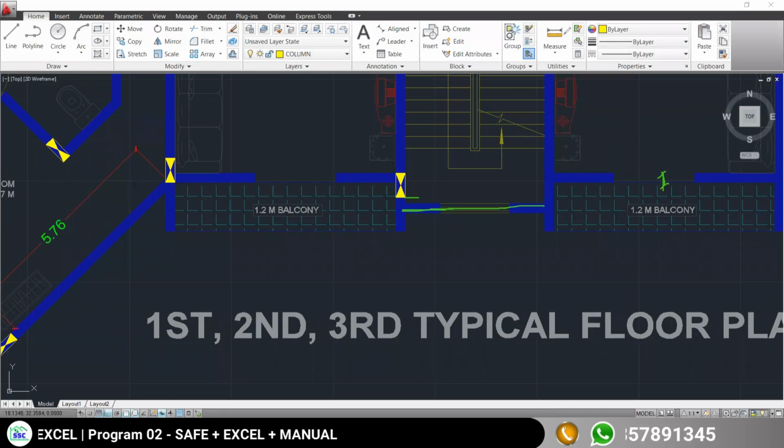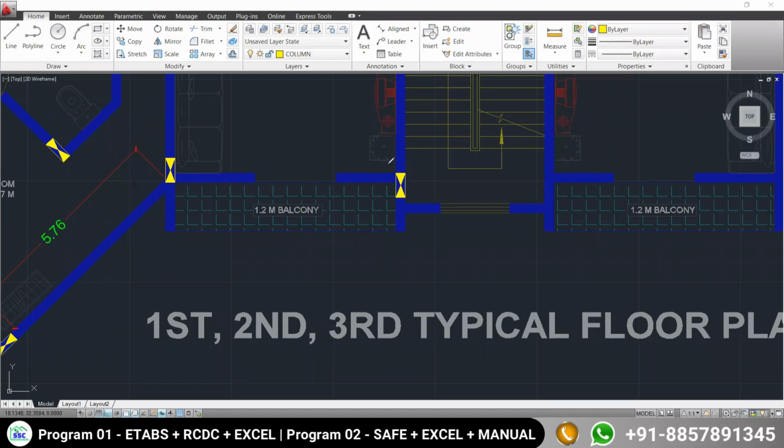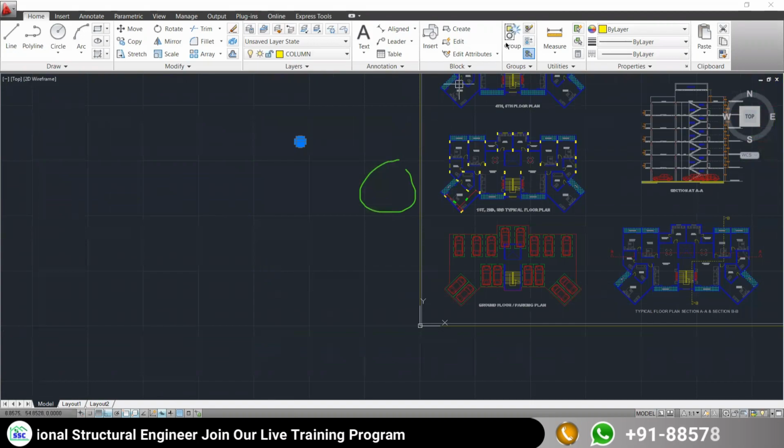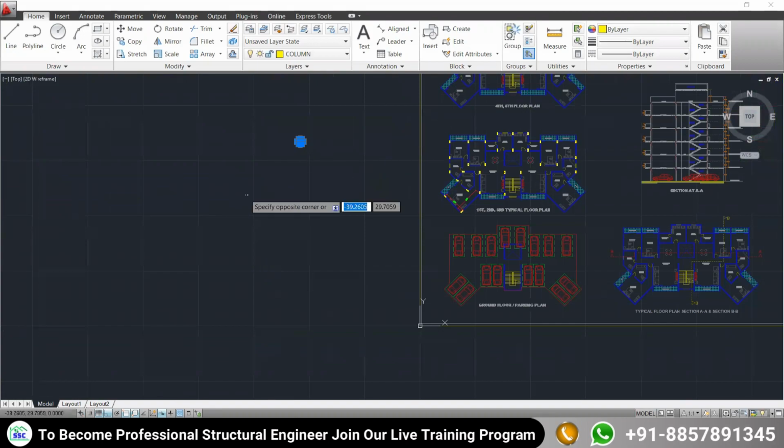So in that situation, what do we need to do? See, with this arrangement, try to understand, your model will be like this. This is your column, this is your column.